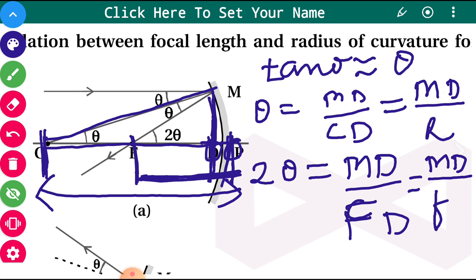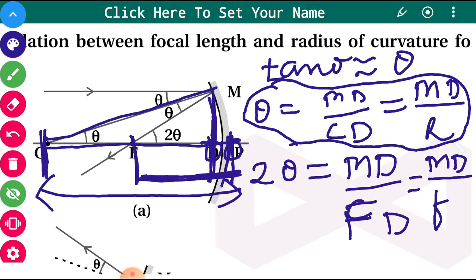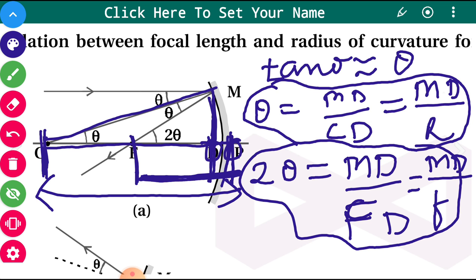Now you just have to compare these two equations which we got, for theta. So here in the first equation, theta is MD upon 2R. You can see theta is MD upon 2R, and here MD upon 2F. Then the left hand side will be the same.